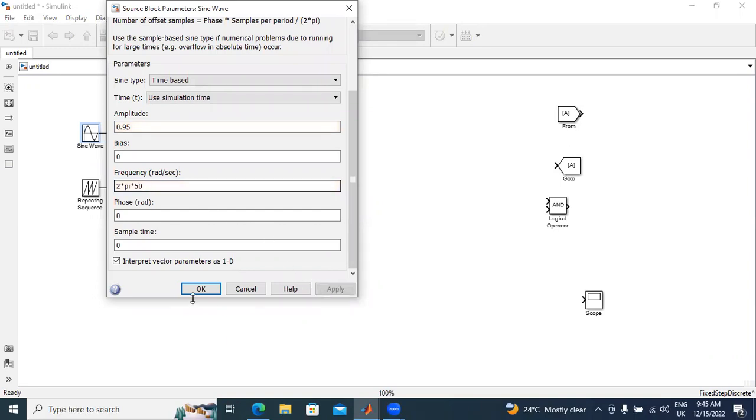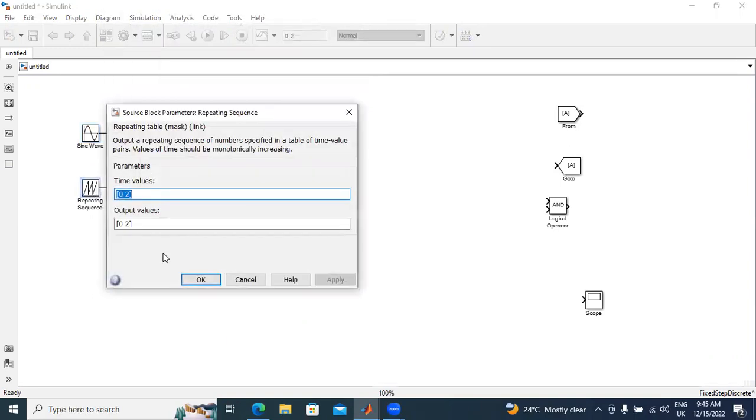Now I will give the repeating sequence values: 0.5, 0.2 and 0.4 as time values. I will operate this at 500 hertz frequency, time T equals 1 by f. I am operating the total switching frequency at 500 hertz. That's why I took 500 hertz. I took only 3 values.